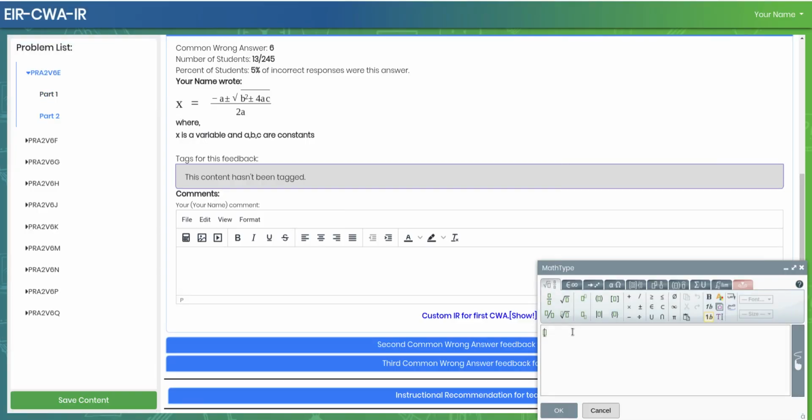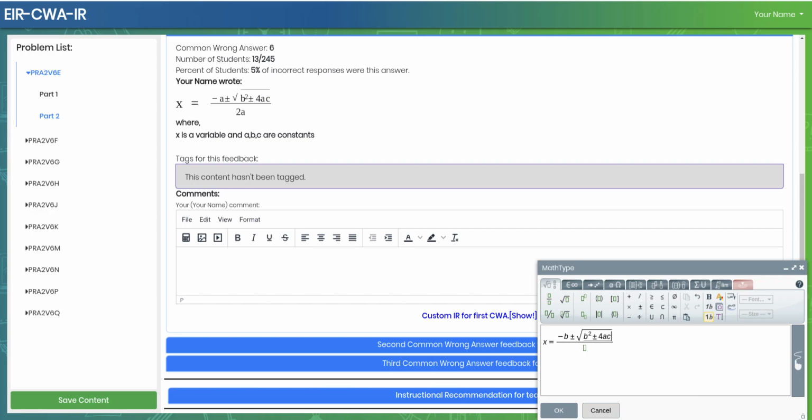First I need to fill it in with the right equation. So I would write the correct equation first off. So it would be minus b, b squared, plus minus.